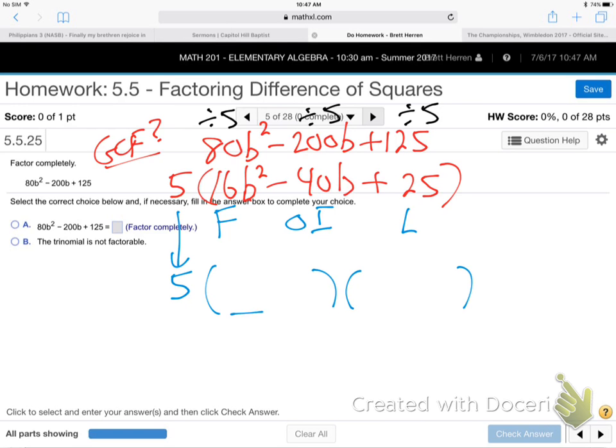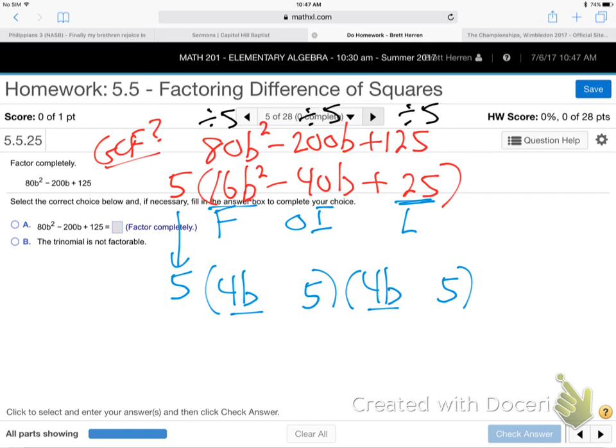And then front times front to be front. What times what is 16b squared? 4b, 4b. And what times what is 25? 5, 5. We good to there?